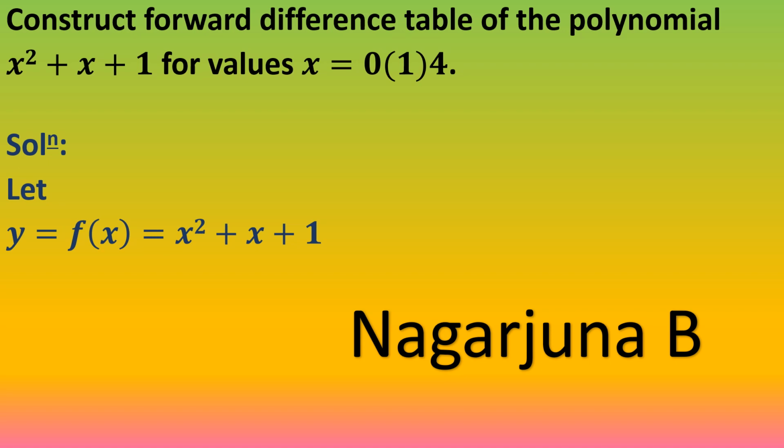Whatever values you have to take have been given in the question. That is, the values of x should be from 0 to 4 with an increment of 1. Correspondingly, by substituting the values of x, we get the values of y. Using that, we will be constructing a forward difference table.